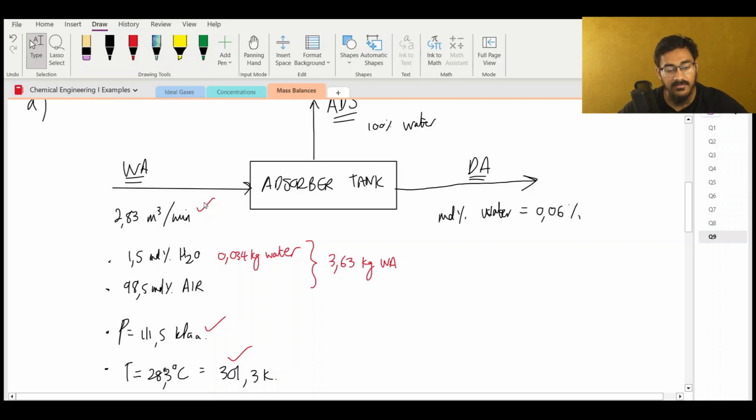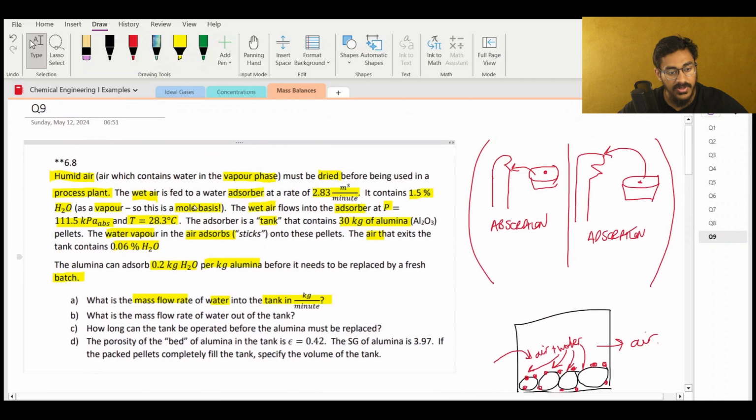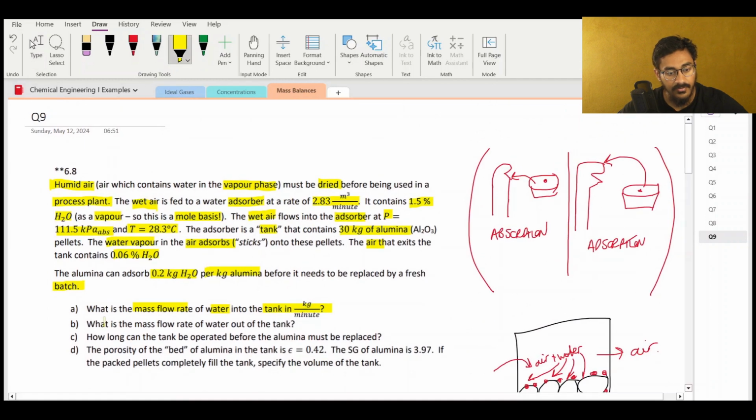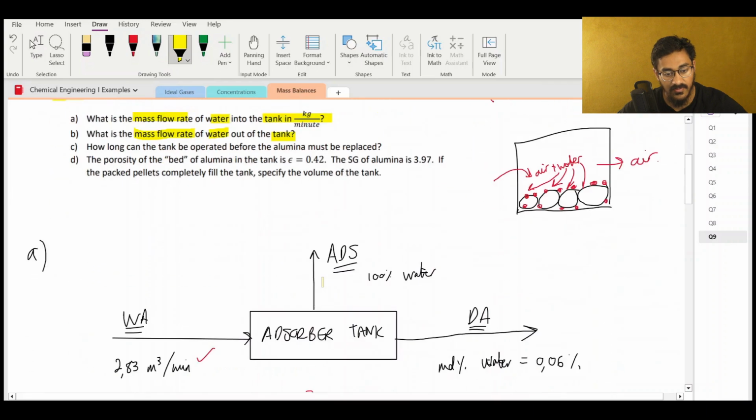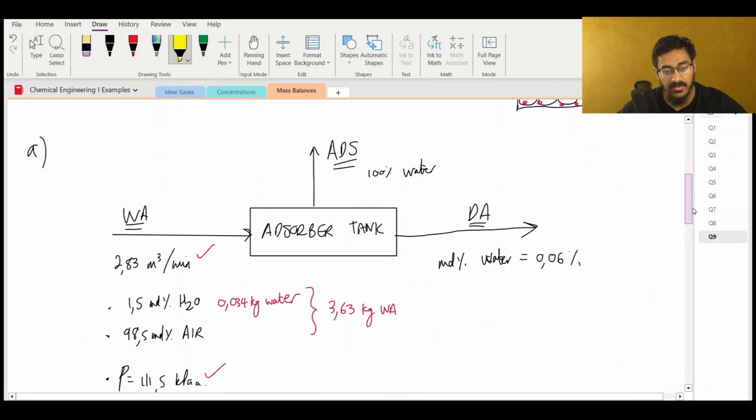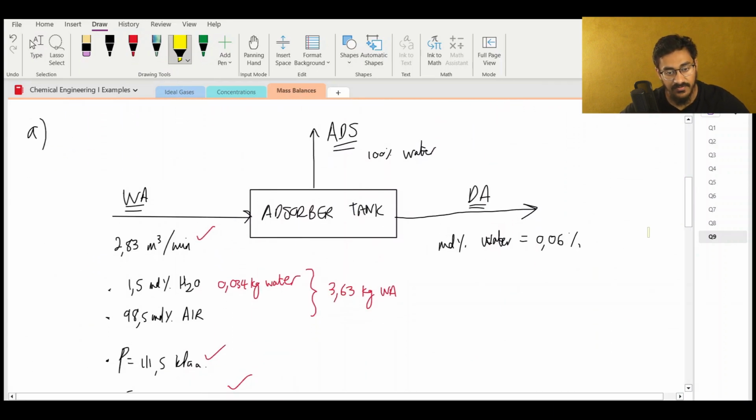Okay, let's proceed. B says to me, what is the mass flow rate of water out of the tank? So here we're getting into the real mass balance stuff. Do you agree with me? If I know the total mass of water coming in, and I can work out the total mass of water coming out, then the only unknown is the mass of water in the adsorption stream, right?